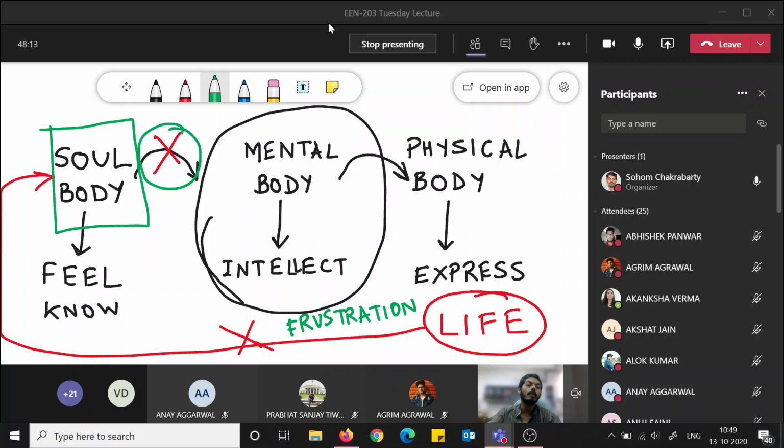Actually, we can't talk about this. But this is the understanding. I tried to express it in a logical understanding.